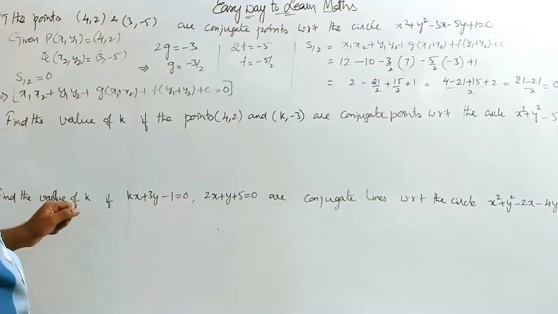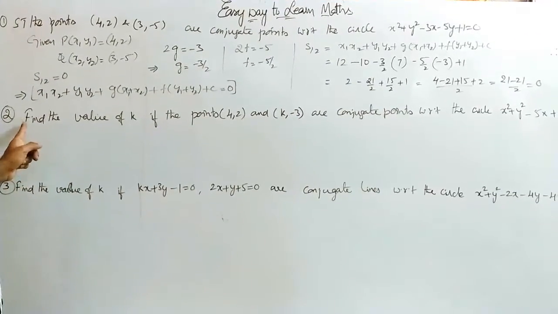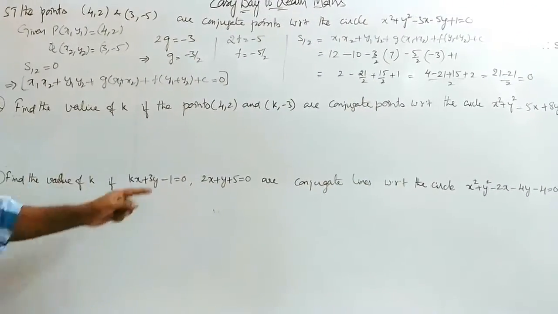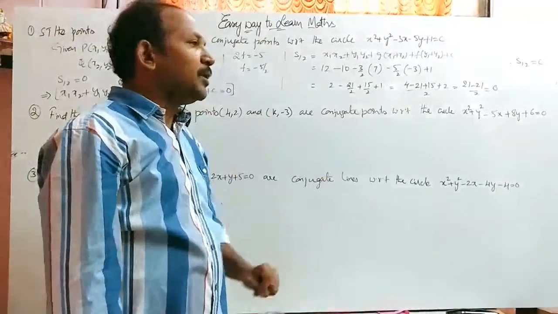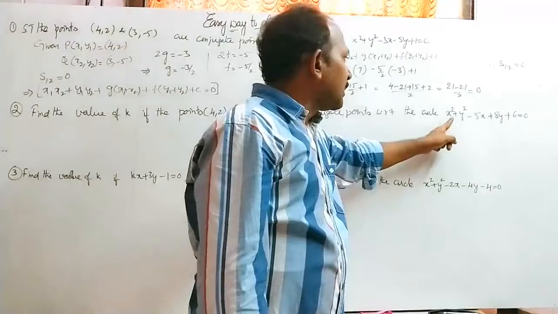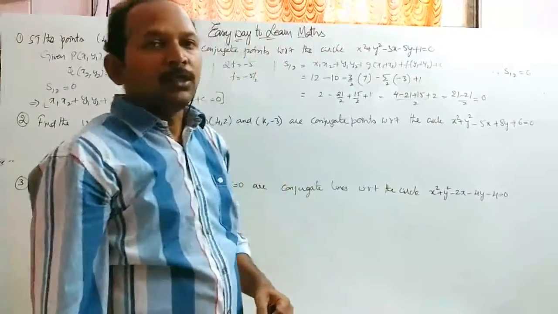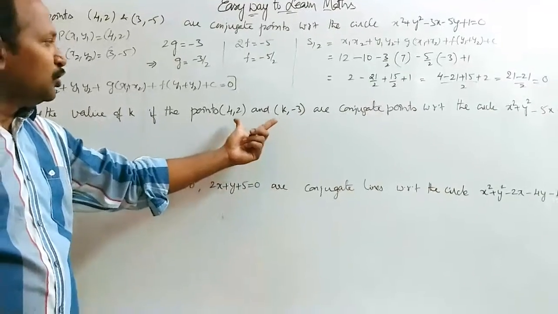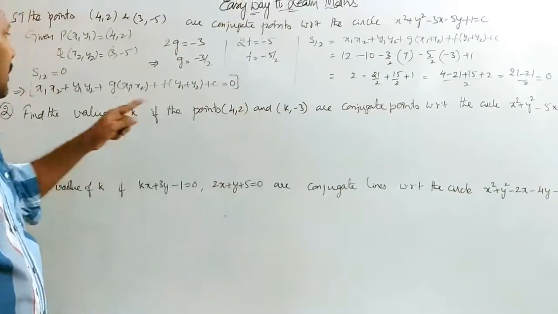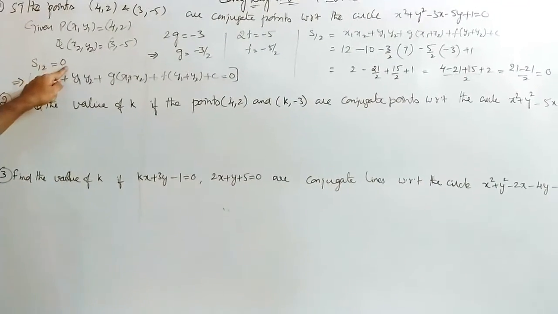Now second problem: find the value of k if the points (4, 2) and (k, minus 3) are conjugate points with respect to the circle S equal to 0. Here it is already given that the points are conjugate points, that means these 2 points have to satisfy the condition S12 equal to 0.